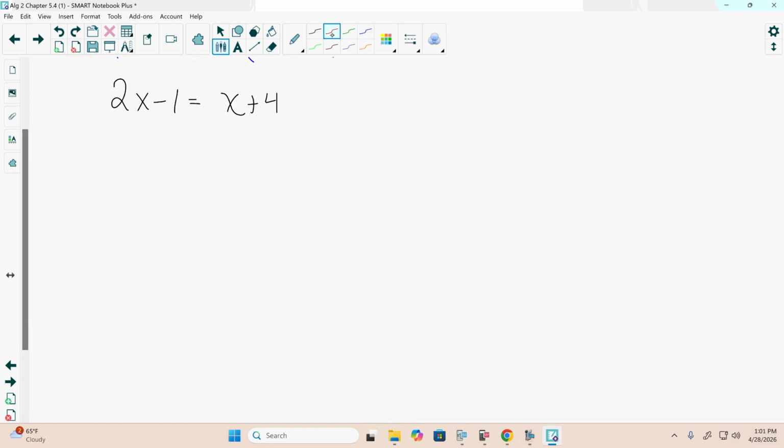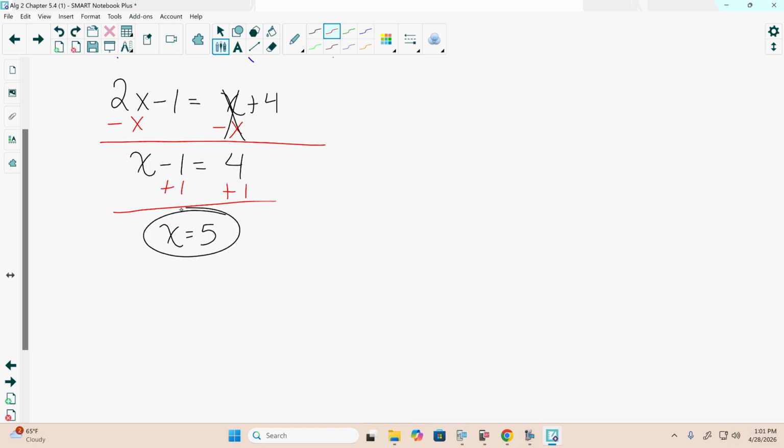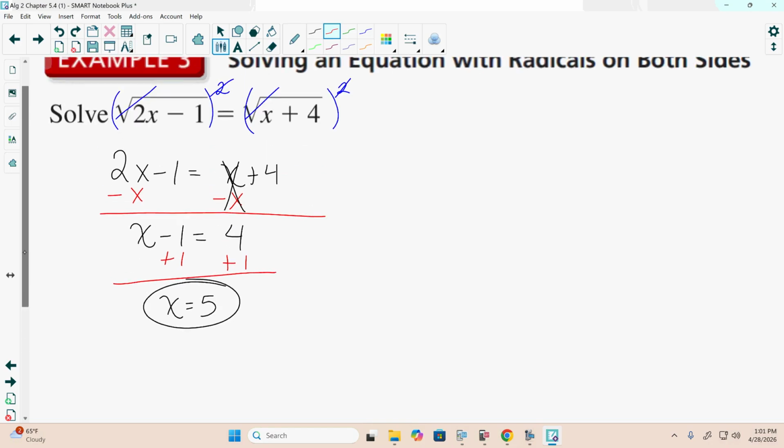Are there any radicals left? Solve for x. Where are we going first? 10 minus 1 is 9.